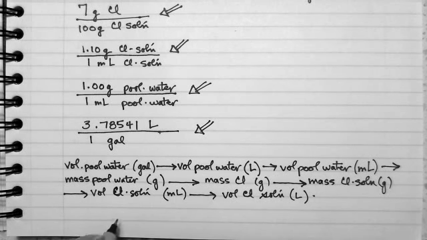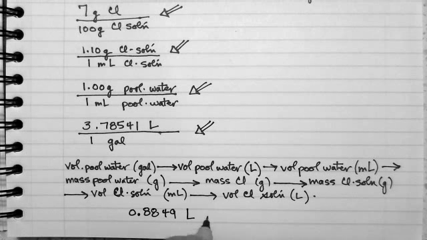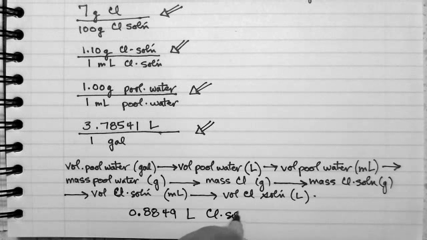I'm going to give you the answer so you can check your work. You know that the units should come out to be liters of chlorine solution, and numerically you'll get an answer of 0.8849 liters chlorine solution required to chlorinate the pool.